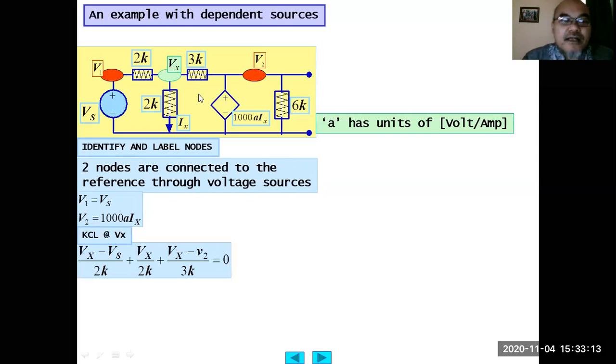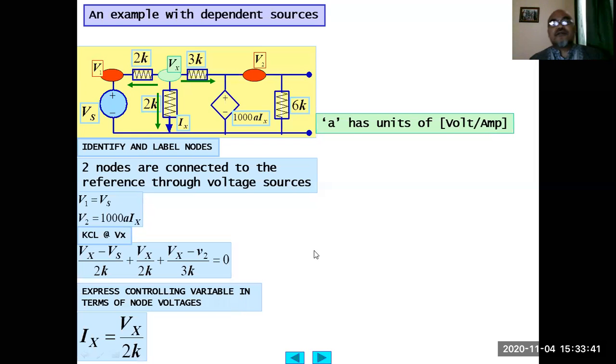Then writing KCL at Vx, we obtain Vx minus V1, but since V1 equals Vs, immediately we write down Vx minus Vs divided by 2K plus Vx minus 0 divided by 2K, and then Vx minus V2 divided by 3K equals 0.